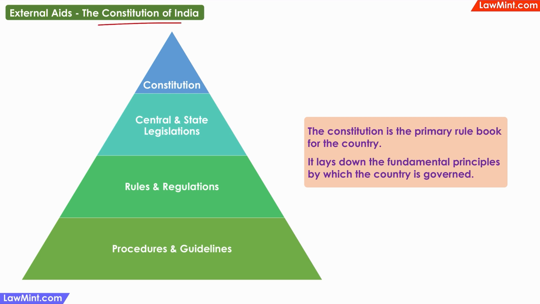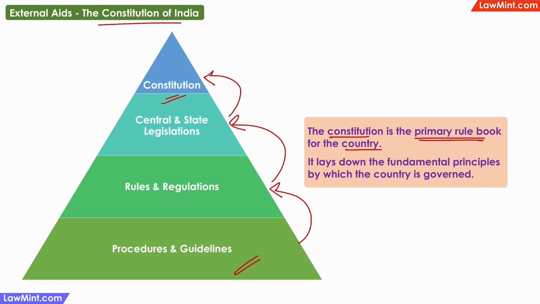Then comes the Constitution of India. This is something I have previously covered in the Constitutional Law series. The Constitution is the primary rule book of the country. All procedures and guidelines that we see in public and private institutions are based on various rules and regulations. These rules and regulations are based on various central and state legislations. And all the legislations in India must adhere to the broad framework provided by the Constitution.